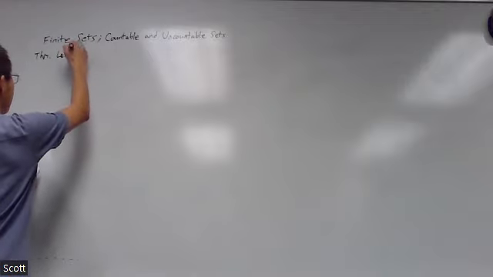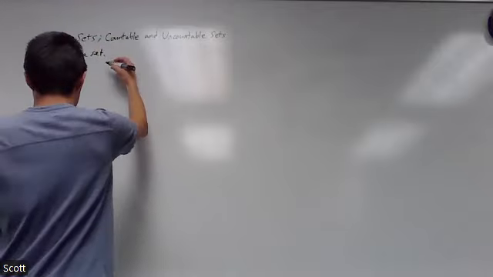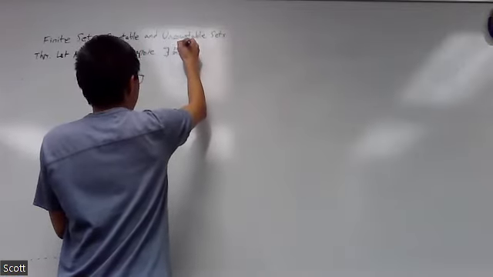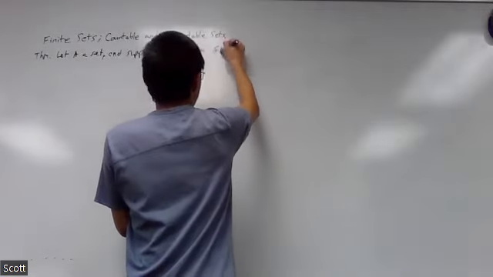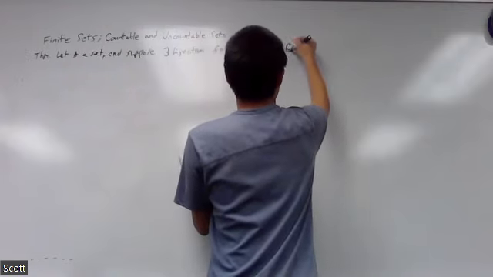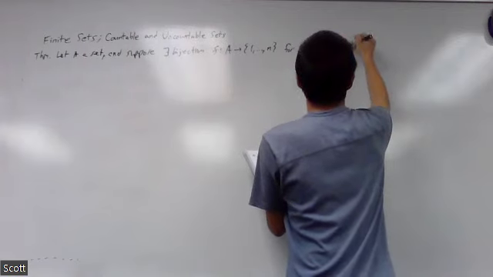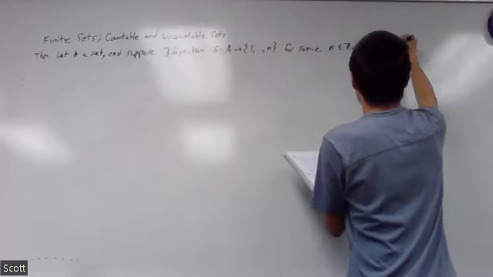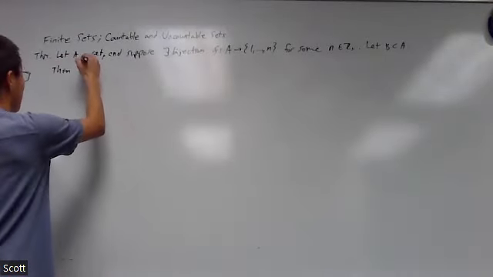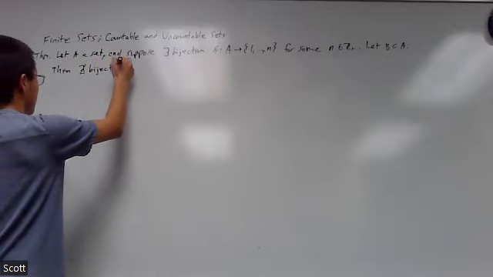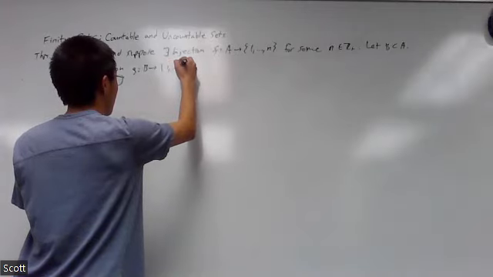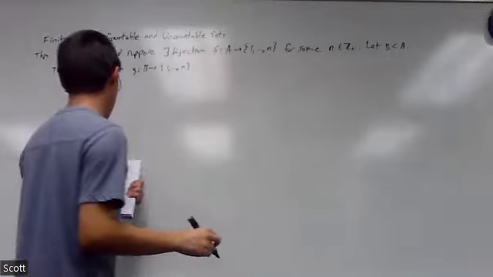So we have: let A be a set, and suppose that there exists a bijection from A to the section through n, for some n in the positive integers, and then let B be a subset of A. Then there does not exist any bijection that takes B to the same section of those positive integers.